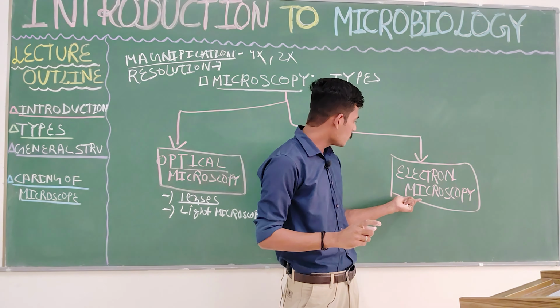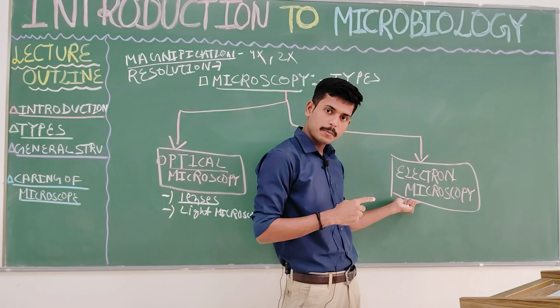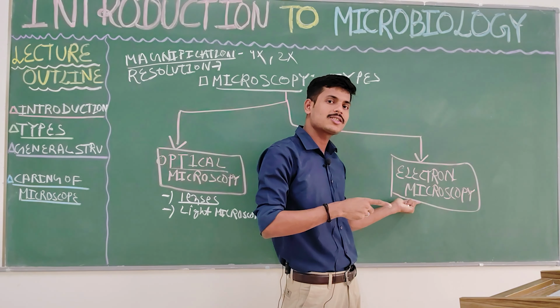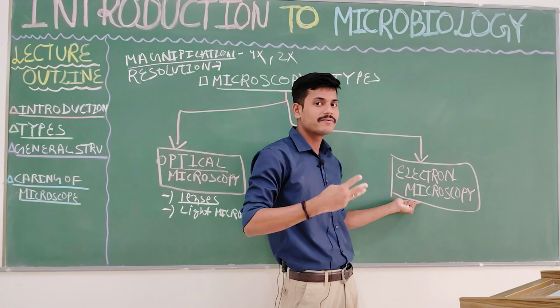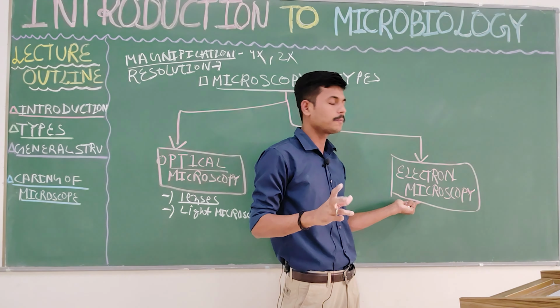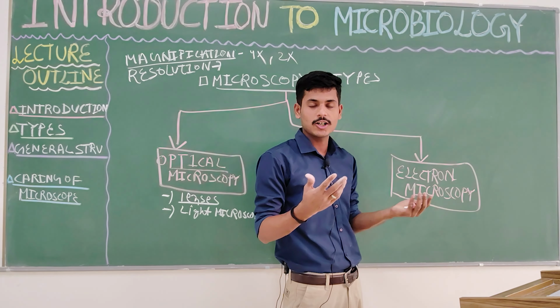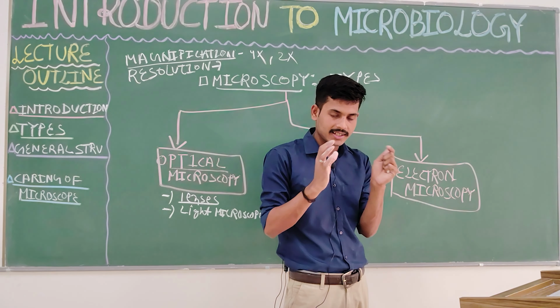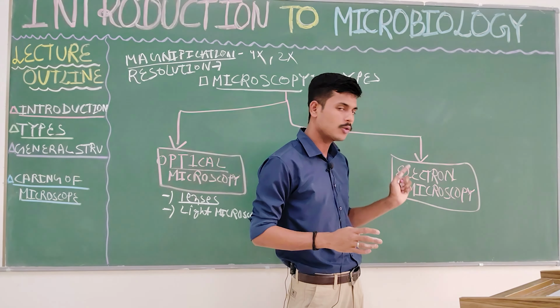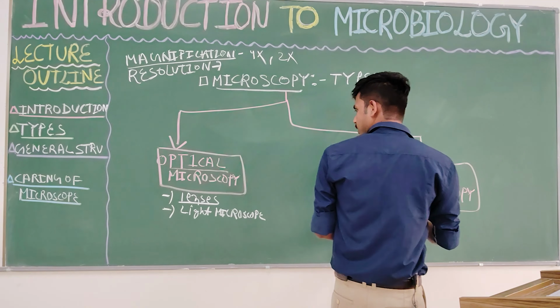So in electron microscopy, there is a utilization of an electron beam by which there is a generation of a 3D image, or a scanning of the specimen to see its details. That is called electron microscopy. So you should write it down.